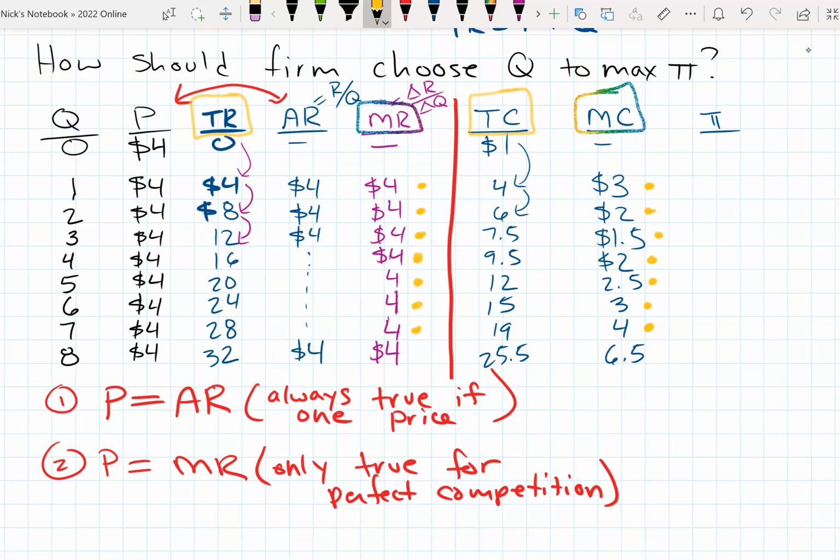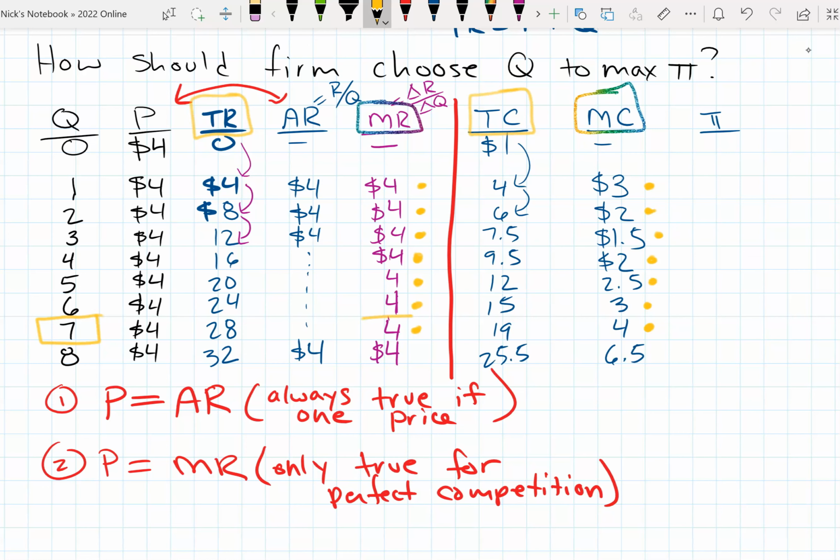So this will be our choice. Some of you will notice we could have stopped at 6 and been the same, because the 7th one didn't make us any. But you'll see once we do the graphs, where it's continuous and there are points in between, this gives us the best stopping point.